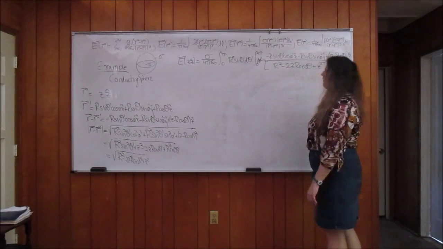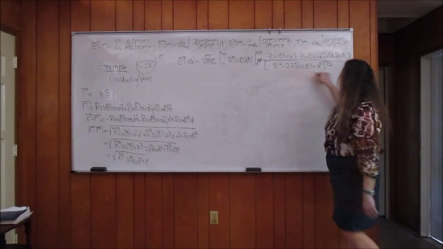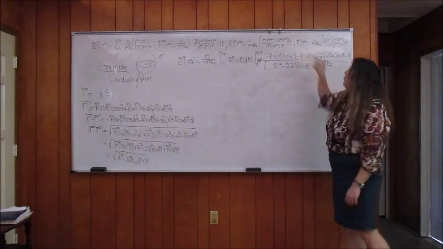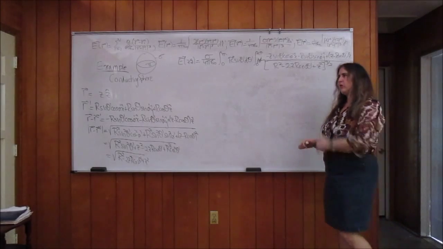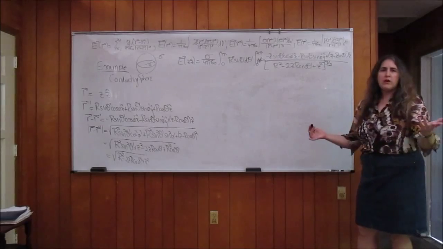Well, it turns out it's easier to integrate over the phi coordinate first because you'll notice there's no phi prime dependence in the denominator. Therefore, for these first two terms, you're integrating essentially cosine phi prime from 0 to 2 pi, and you're integrating sine phi prime from 0 to 2 pi. Well, that goes to 0.